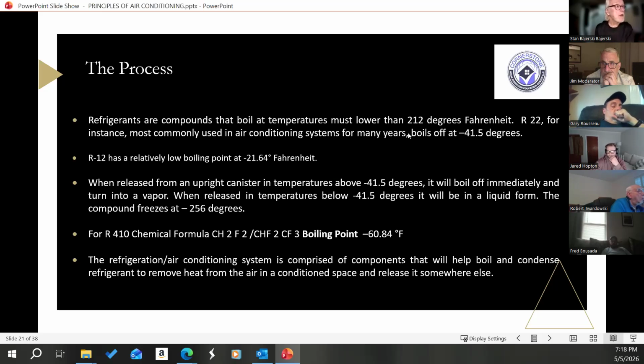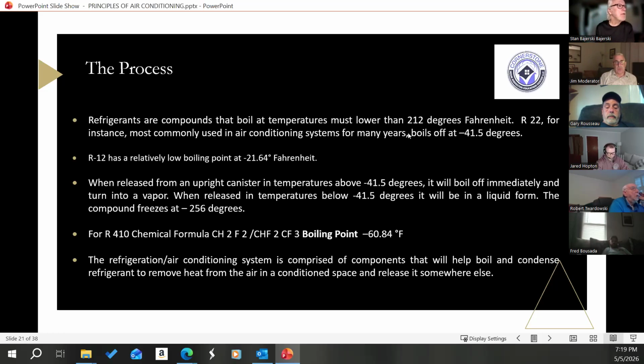When released from an upright canister in temperatures above 41.5 degrees, it will boil off immediately and turn into a vapor. So if you had a 30-pound canister of refrigerant with the valve up and you open it up, we're never going to be that cold. So it's just going to blow off as a vapor.